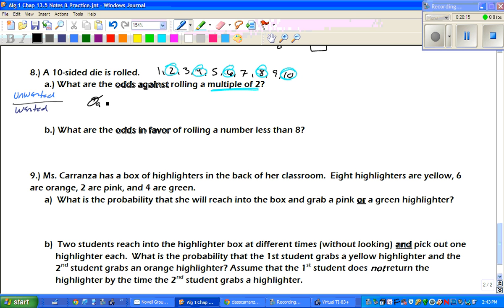So what are the odds against rolling a multiple of 2? You have 5 against, and 5 in favor. So we talked about how we reduce the fraction, and then you write it as a phrase, so there would be 1-to-1 odds for that.